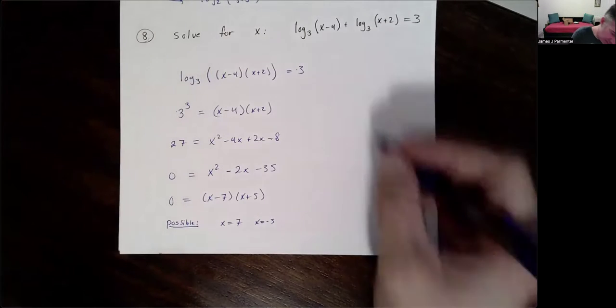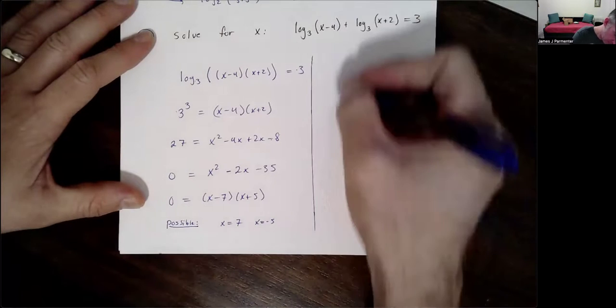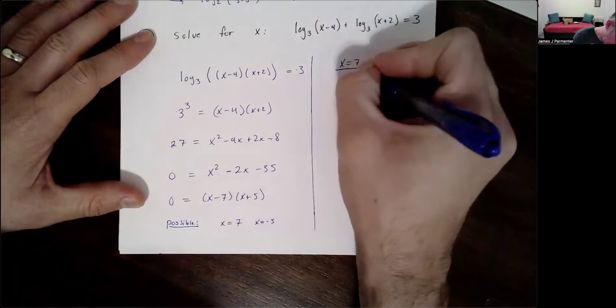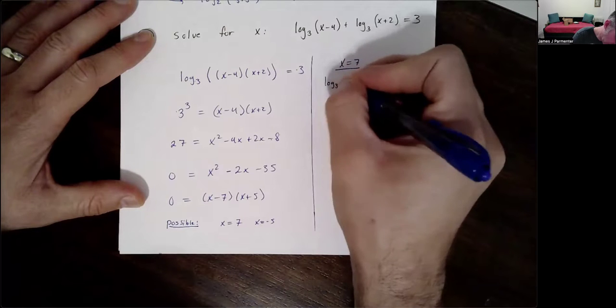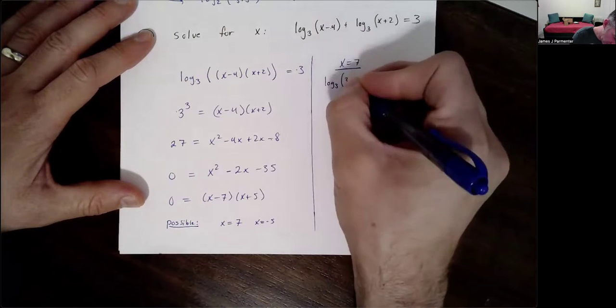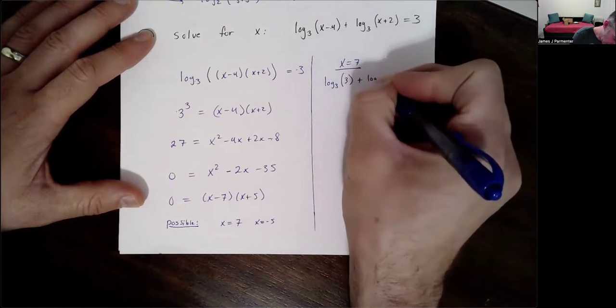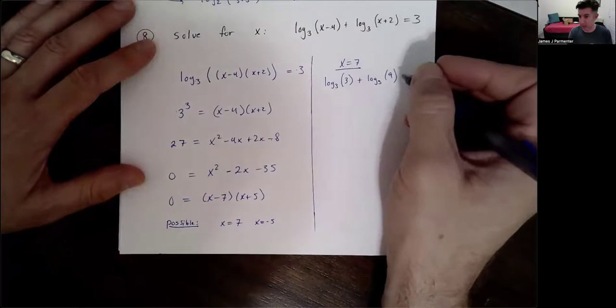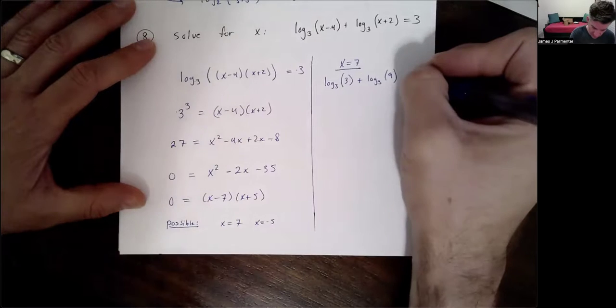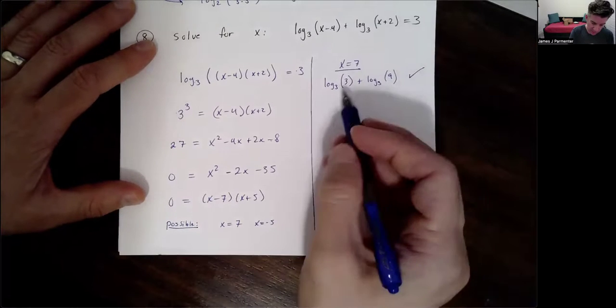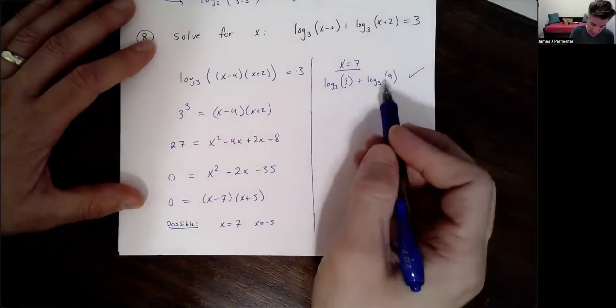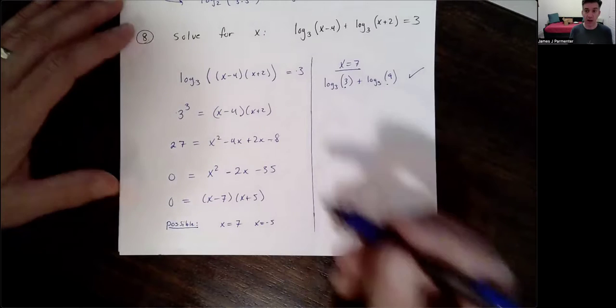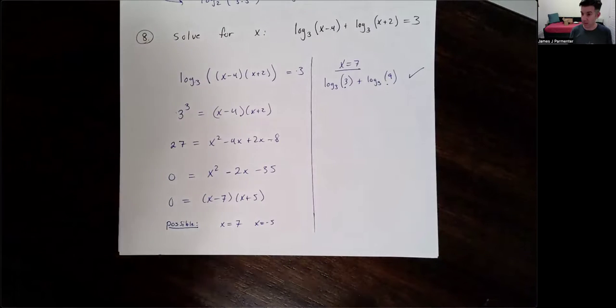So if I plug in 7, I get log base 3 of 7 minus 4, which is 3, plus log base 3 of 7 plus 2, which is 9. I don't actually care that it adds up to 1 plus 2, which is 3, although it's good that it does. But the point is that I have a positive number here and a positive number here, and positive numbers are the only kind of numbers we're allowed to take the log of.